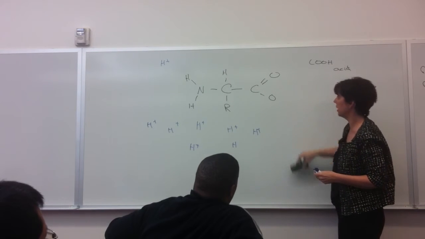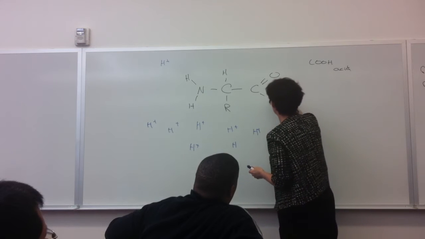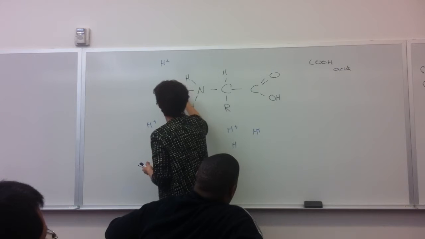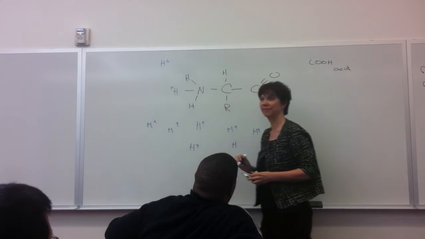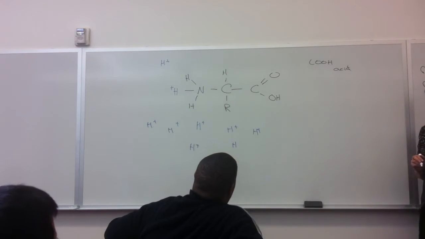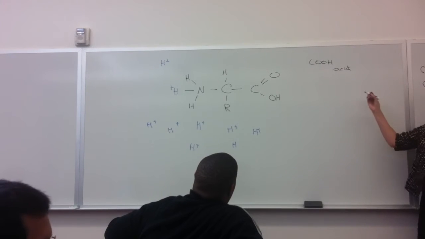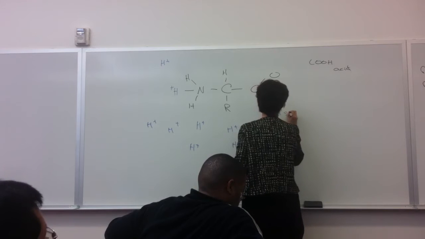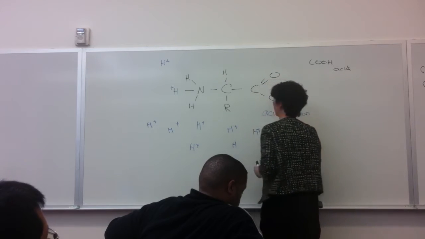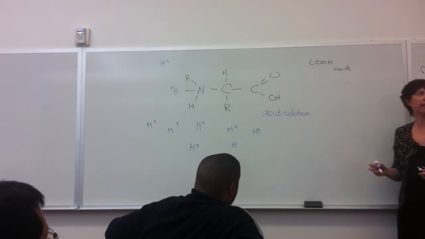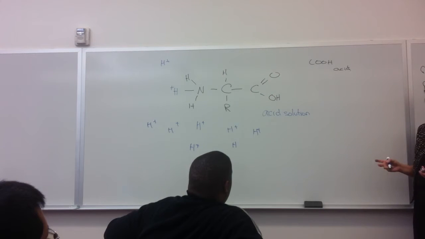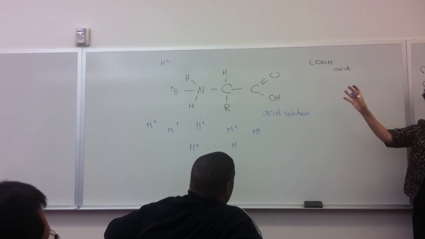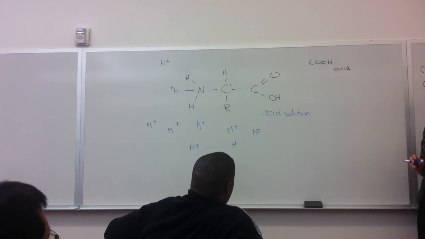So in an acidic solution, this hydrogen ion is going to be present, and then the nitrogen is going to accept a hydrogen ion. So this would be the acidic view. So if you looked at a molecule that looked like that, you would know that the surrounding solution was acidic because it's driven the hydrogen to bind to that nitrogen group.